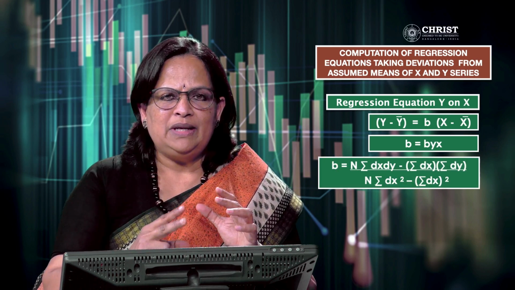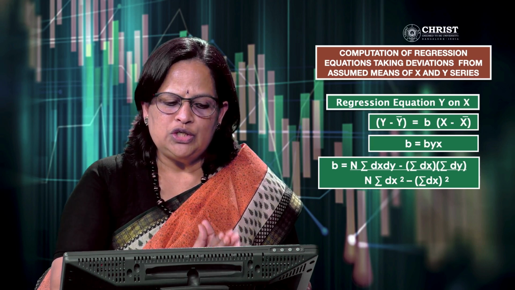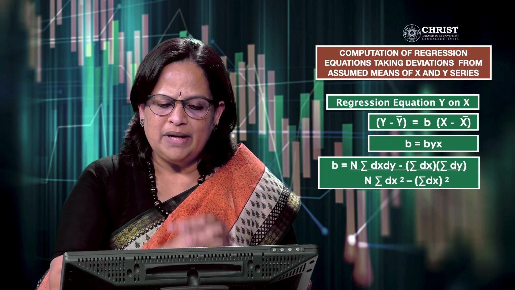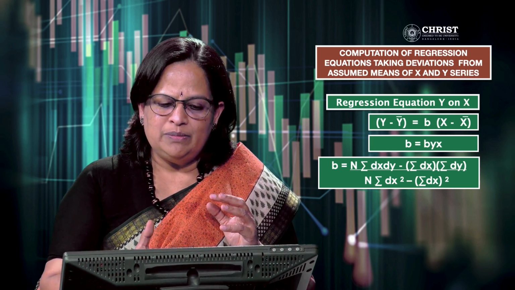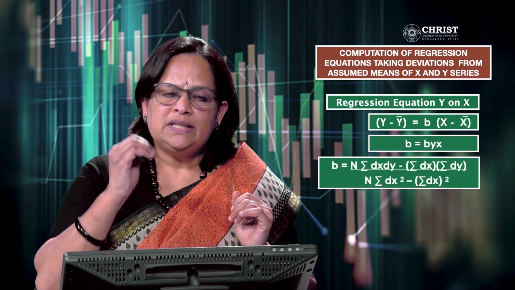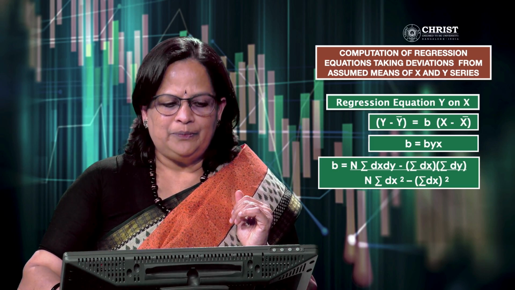This you have to remember. This is the regression coefficient y on x. So there is a similarity between byx and bxy. And the equation for b is also similar. You can remember that b is equal to n sigma dx dy minus sigma dx into sigma dy divided by n sigma dx square minus sigma dx the whole square.